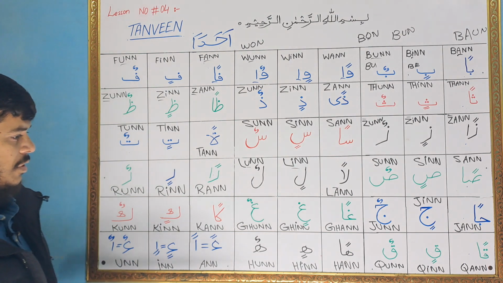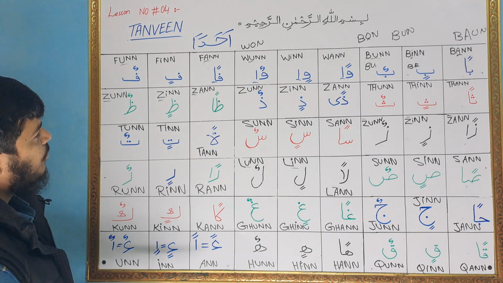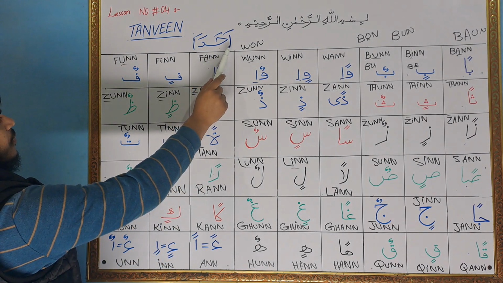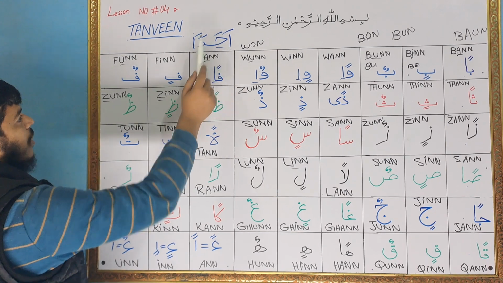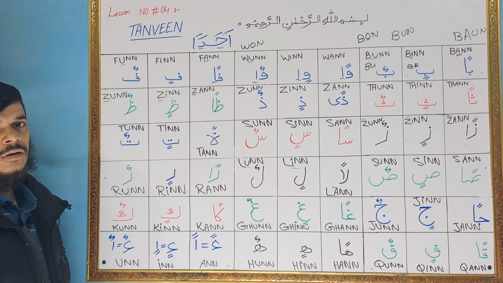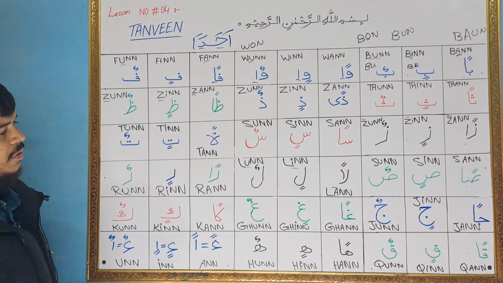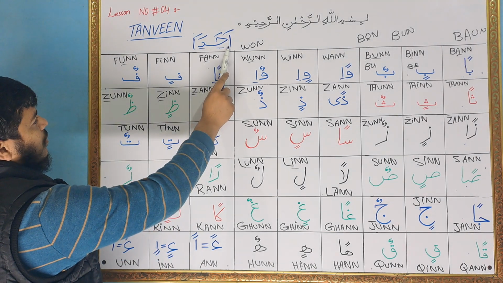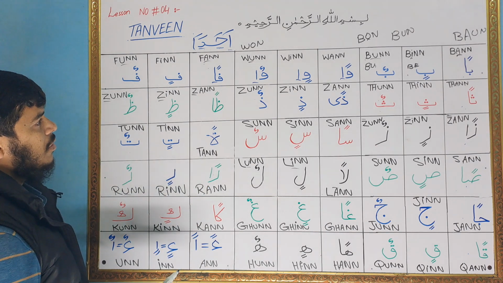This is a different thing we will talk about in next classes. So hamza fatha a, ha fatha ha, dal two fathas will sound like dan. So we will read the word ahadan.